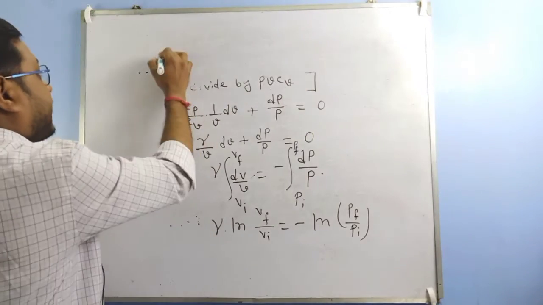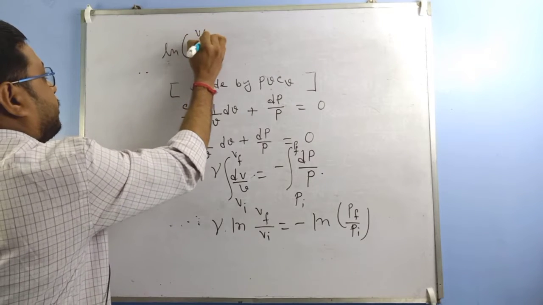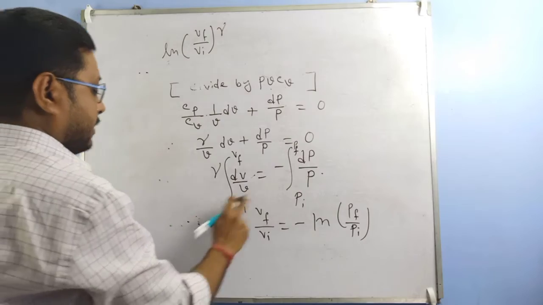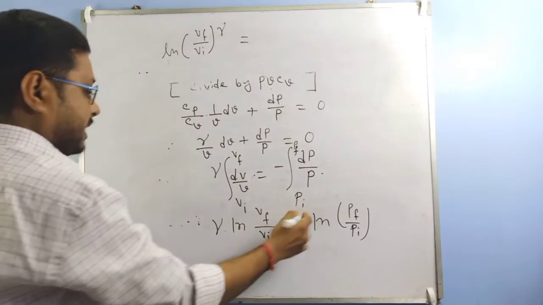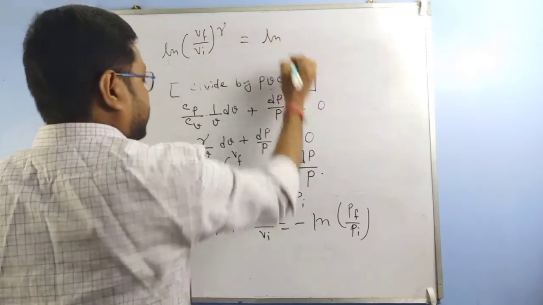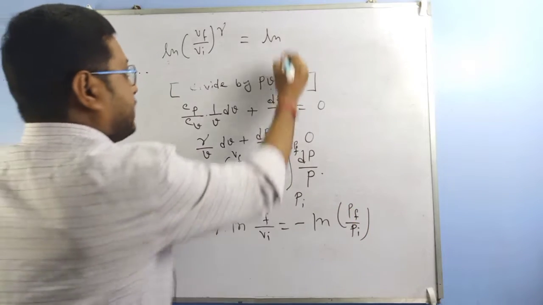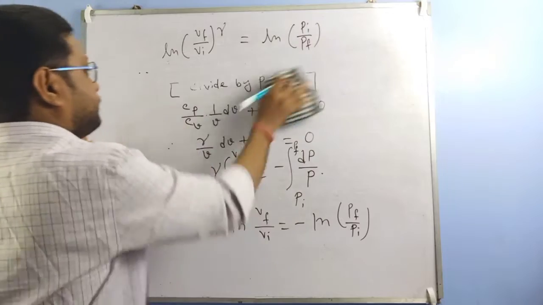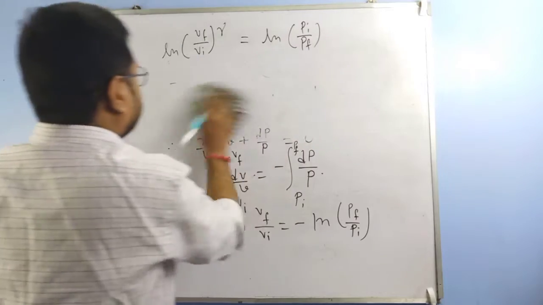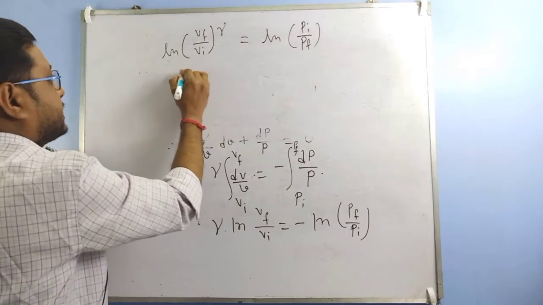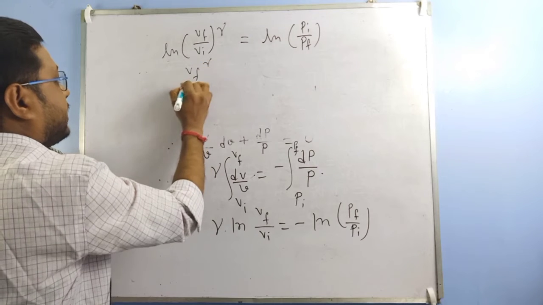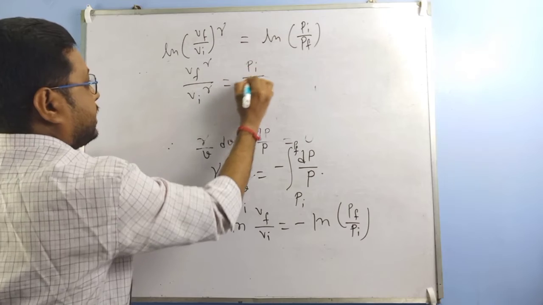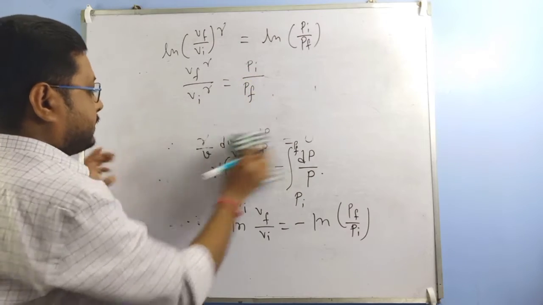So we can get ln (Vf by Vi) to the power gamma equal to minus, and if the minus is taken common, this term will be reversed, ln Pi by Pf. So ln will be cancelled: Vf to the power gamma by Vi to the power gamma is equal to Pi by Pf.